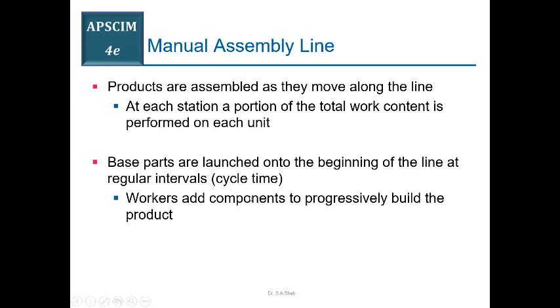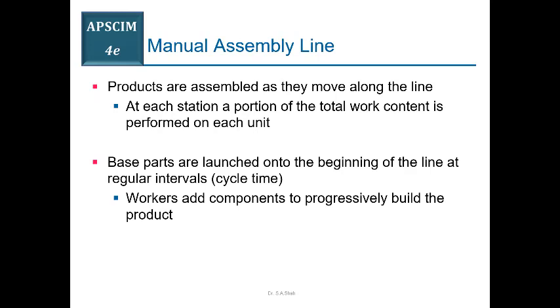For example, if the cycle time of the system is 10 minutes, so 10 minutes cycle time means that after each 10 minutes, you will get one assembled component from the system.